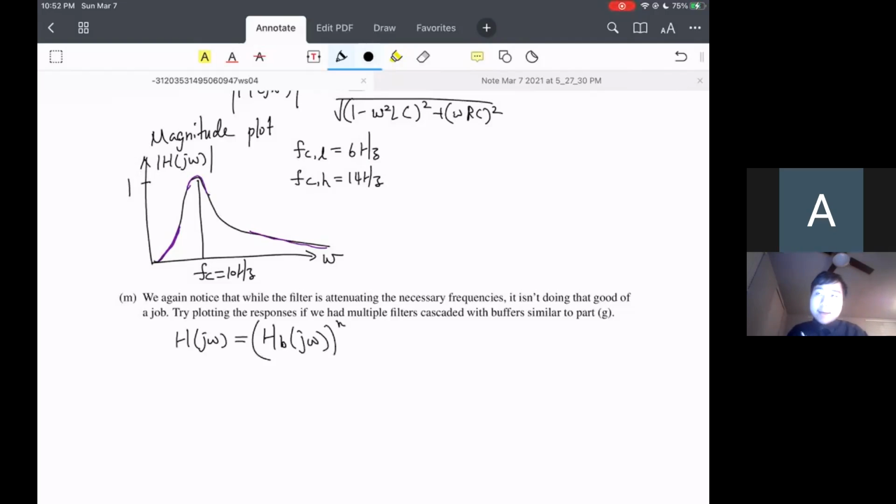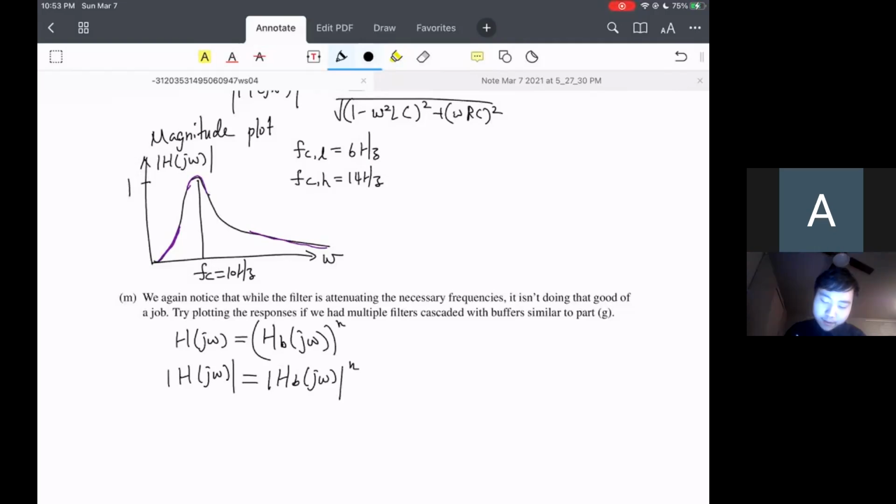Okay, and since the magnitude of a product is just the product of the magnitudes, we see that the magnitude of the transfer function is going to be equal to the magnitude of the individual bandpass filters to the n.